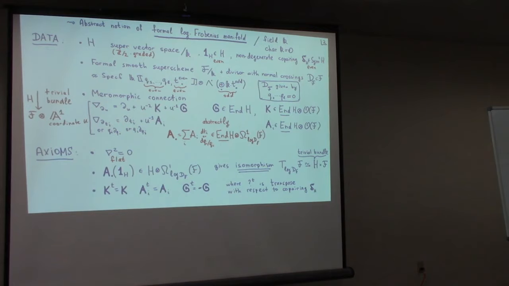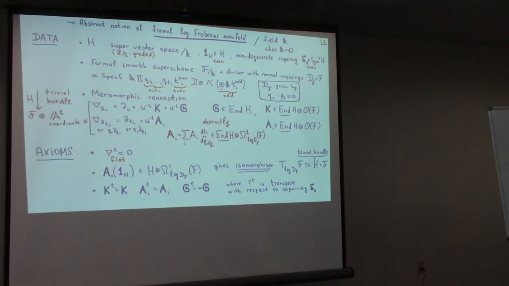Okay, so the axiom is that this connection is flat, and then there is something which allows us to introduce flat coordinates on the base. Namely, you apply this matrix-valued one form to this vector 1_H. And we get a one form with values in the super vector space with logarithmic poles.